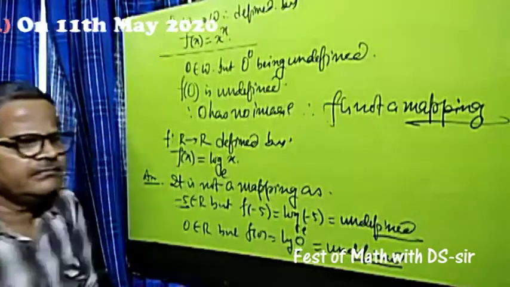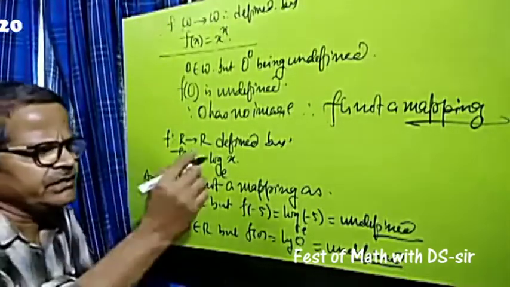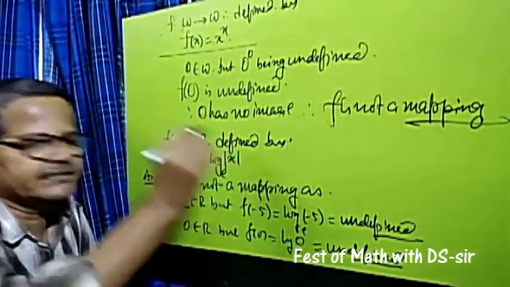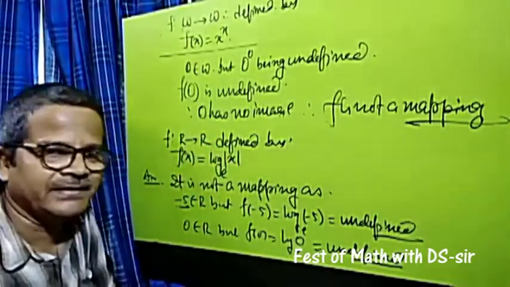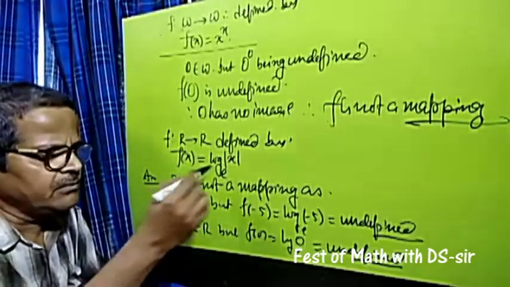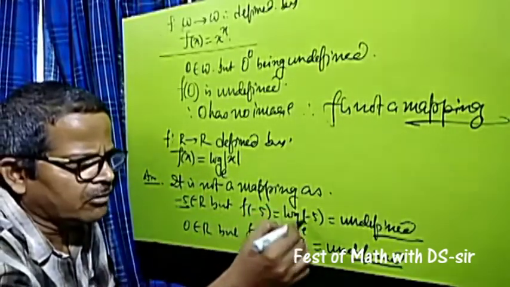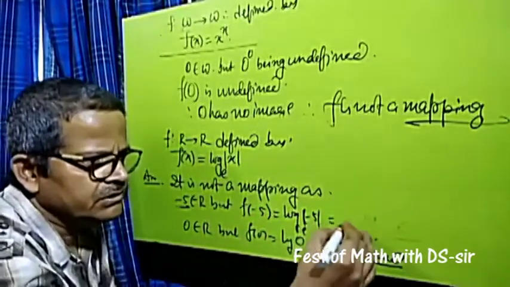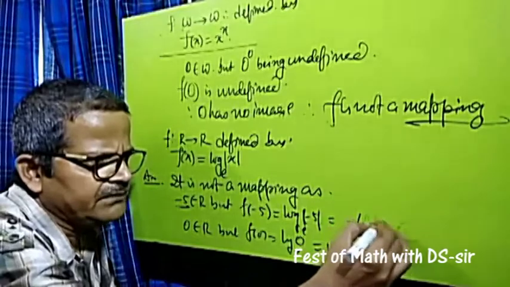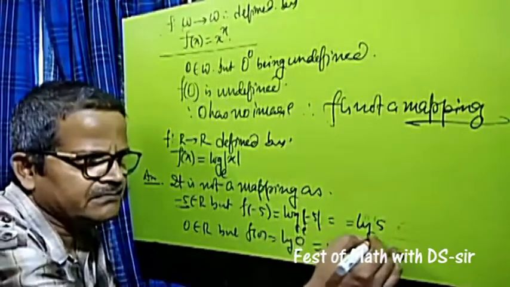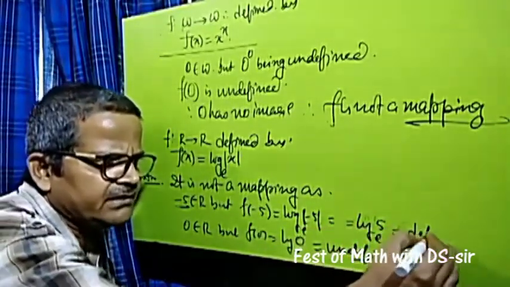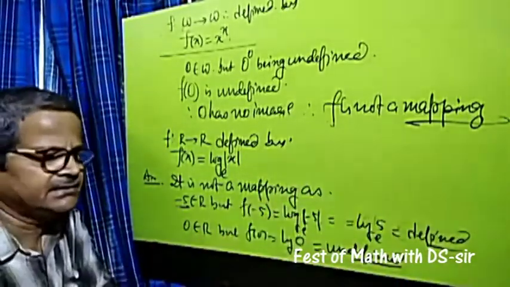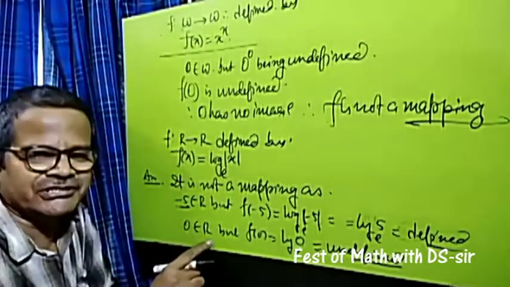Now see, if we replace this function by log of mod x, then what will happen? In case of log of mod x, log of mod of -5 is equal to log of 5, which is defined. So all negative values have an image, but 0 is there.